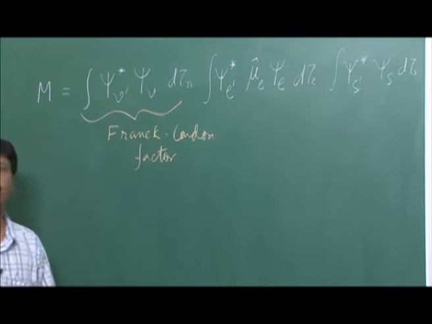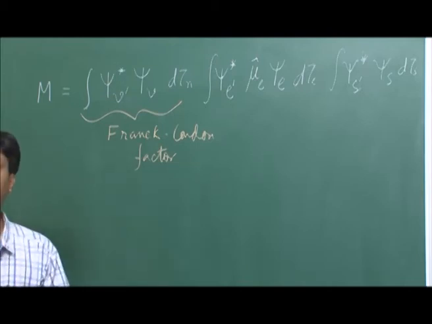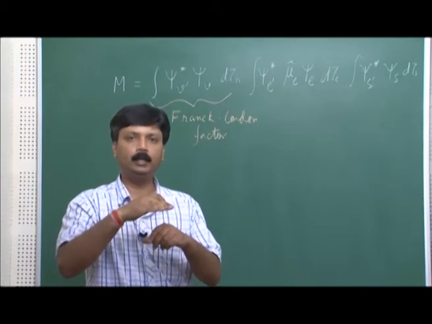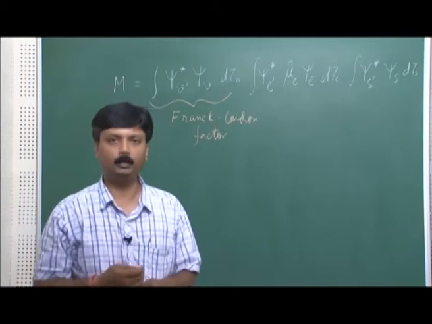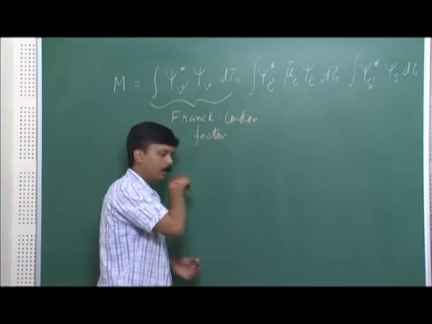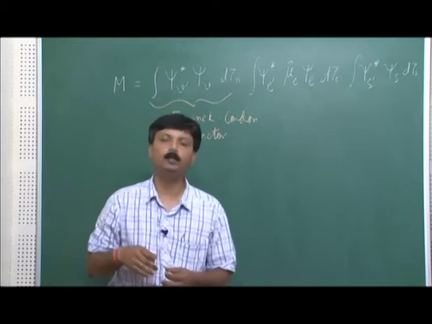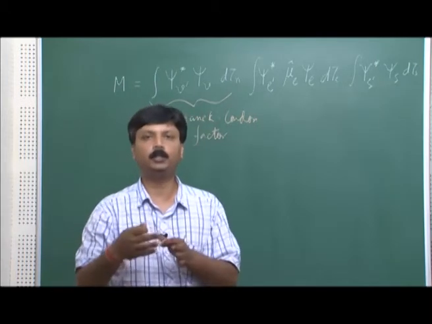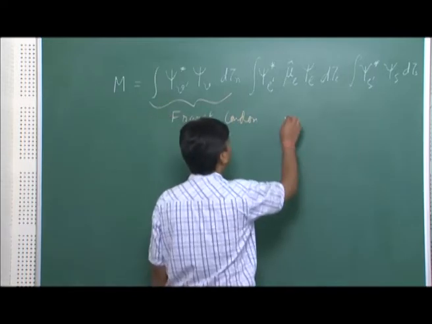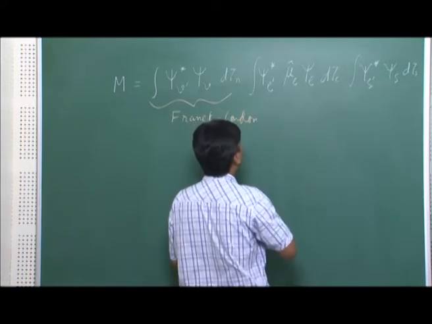So the Franck-Condon factor gives me the overlap between the wave functions of the vibrational levels in the lower electronic state and those in the upper electronic state. Okay, so what does it give me? It gives me the overall modulation in the electronic spectra. Correct?